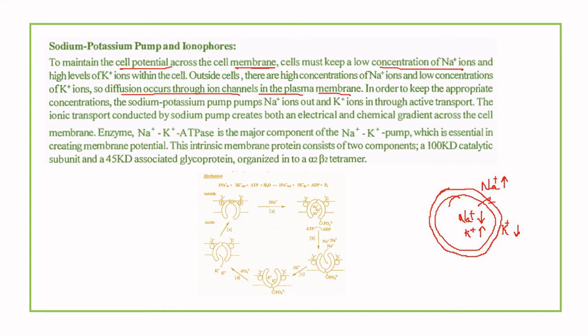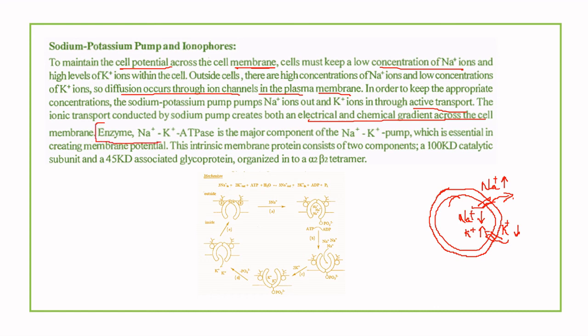In order to keep the appropriate concentration, the sodium potassium pump pumps sodium ion out and potassium ion in, through active transport. The ionic transport conducted by the sodium pump creates both an electrical and chemical gradient across the cell membrane.